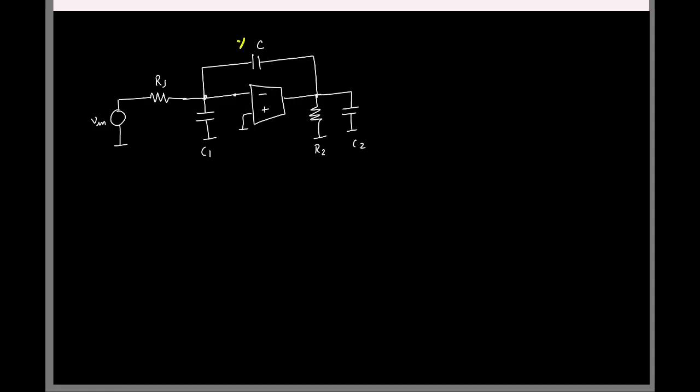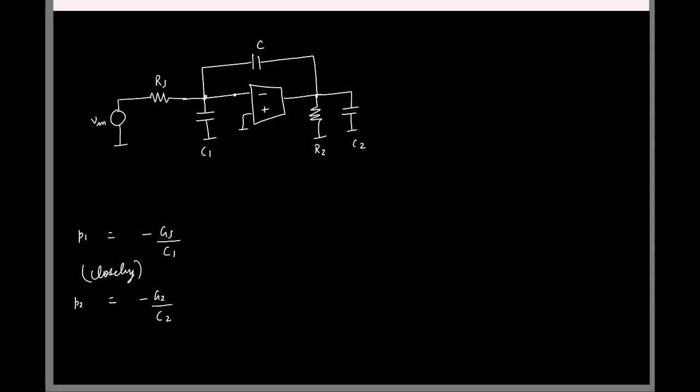Now when we didn't have this capacitor C around the GM, what were the pole locations? Minus GS by C1, right? And the second pole at the output was at minus G2 by C2. And we remarked that these two could actually be close by, right?